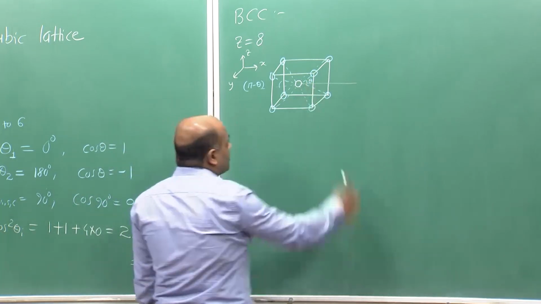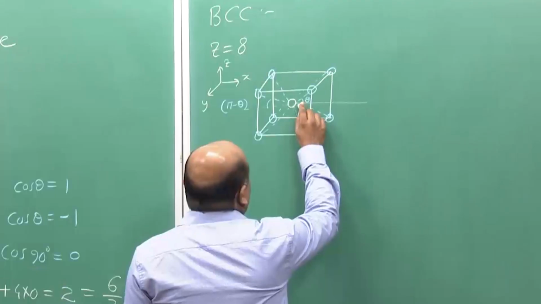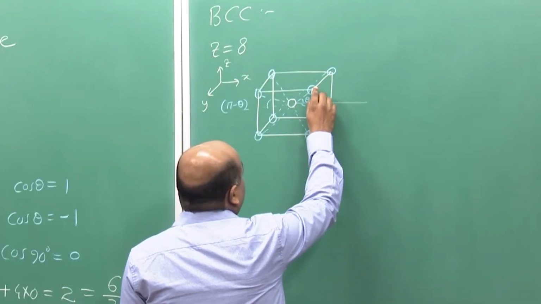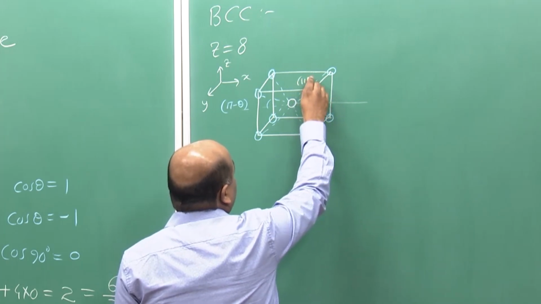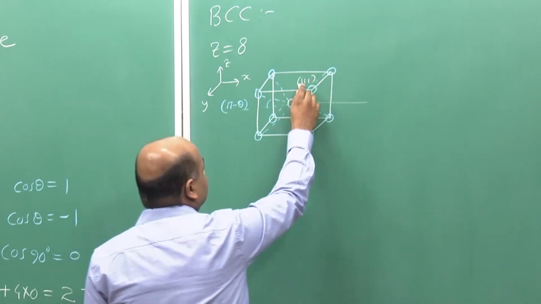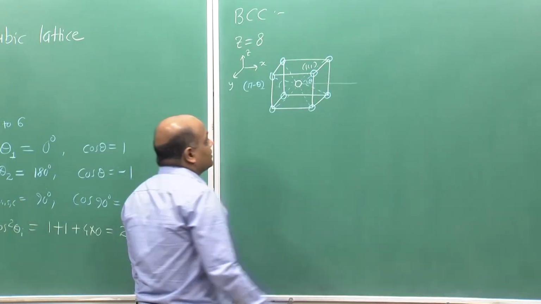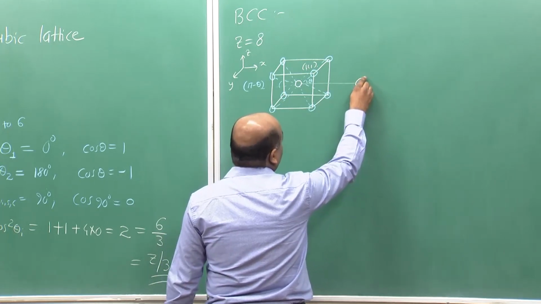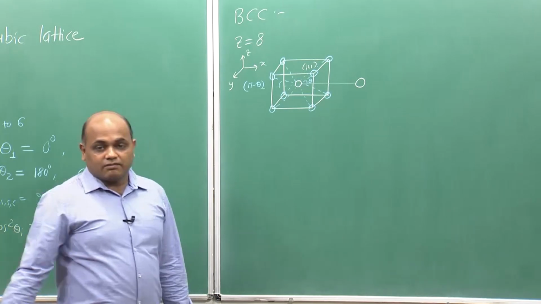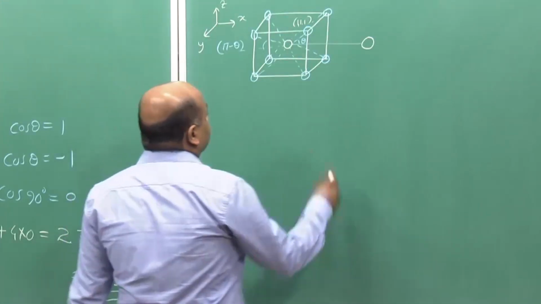So, let us try to find out what this angle theta is. Suppose the jump vector is to the 1 1 1 side. Let us consider this jump vector. Let us try to join this with the body center atom on the next cube.